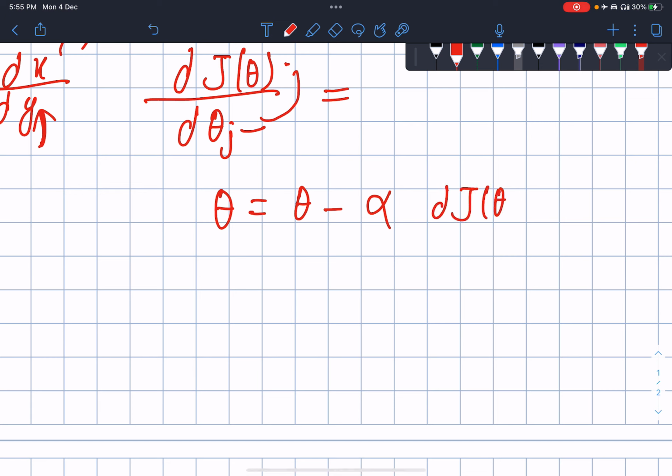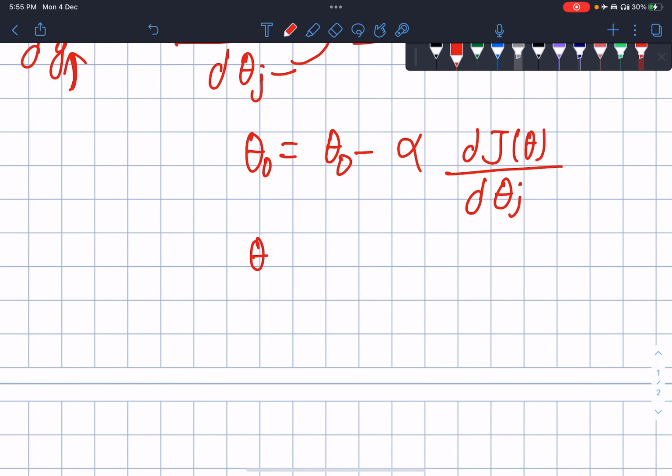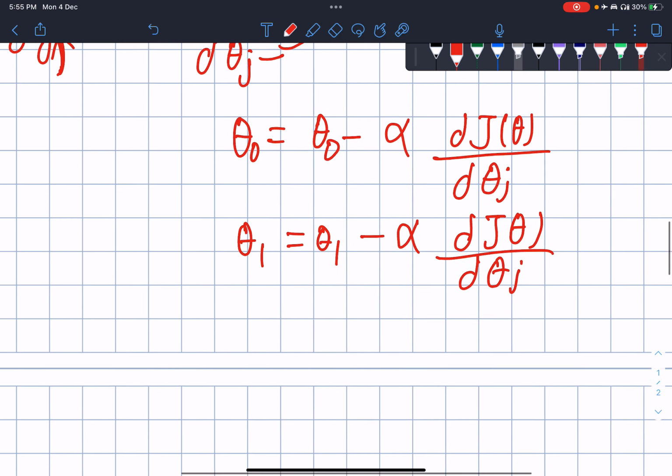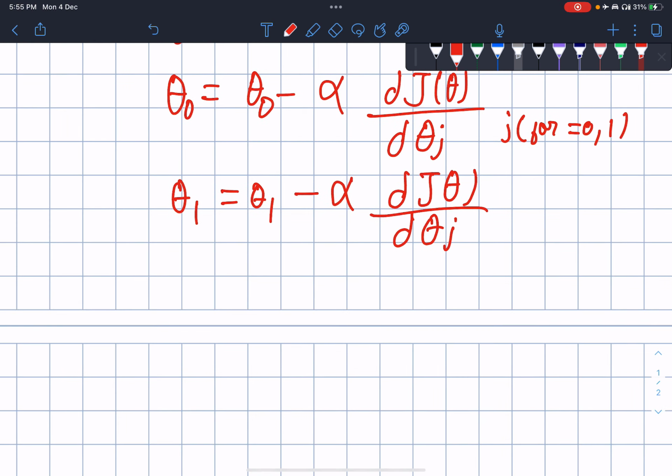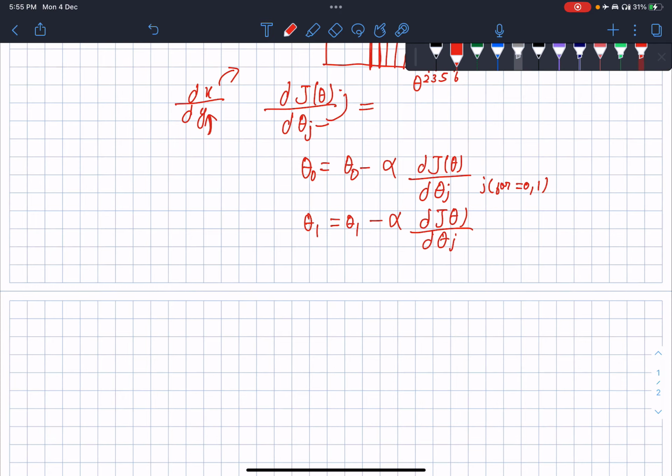This is for theta 0 and theta 1, so j is 0 or 1.